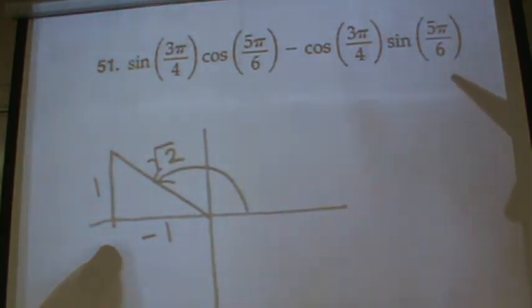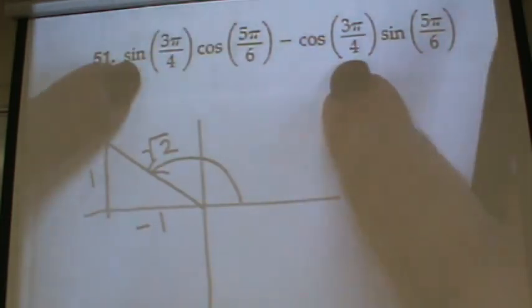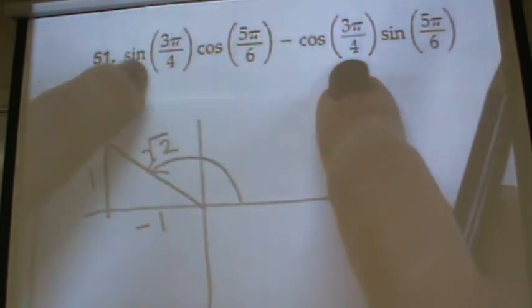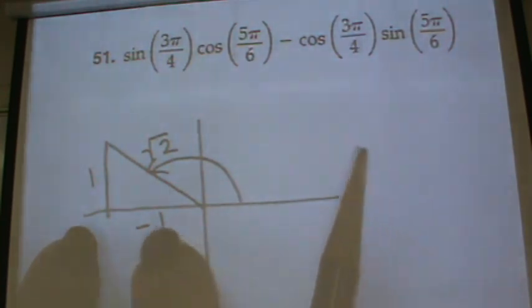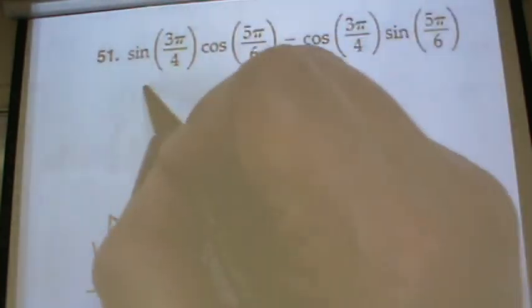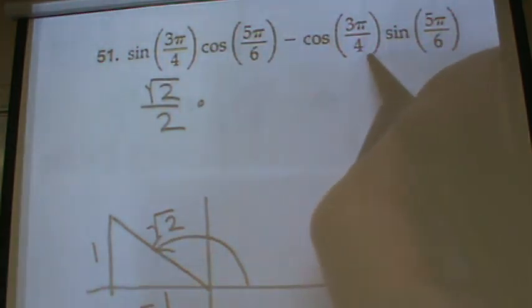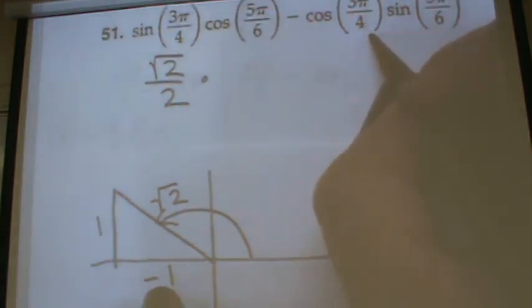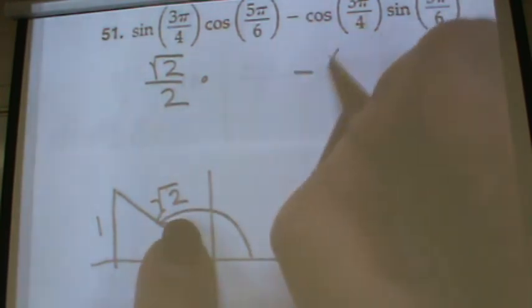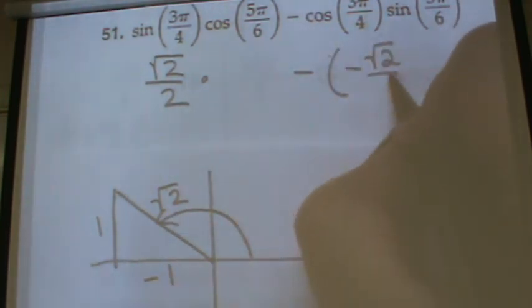So you could do these two right now. 3/4, root 2 over 2. So this one's gonna be root 2 over 2. And what's this one gonna be? Negative 1 over root 2. So negative root 2 over 2.